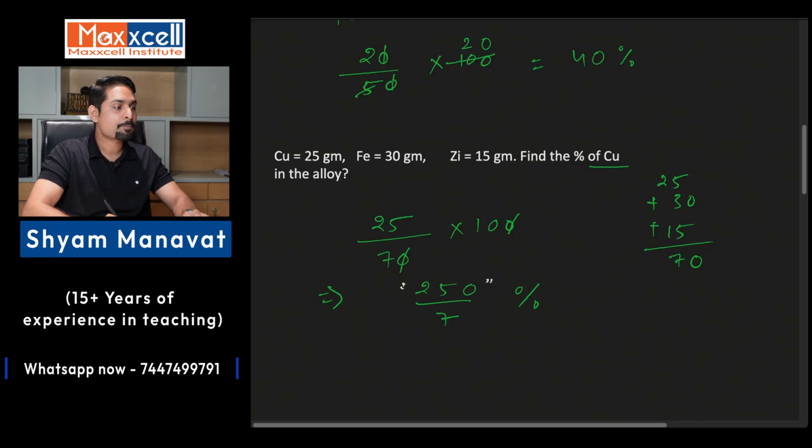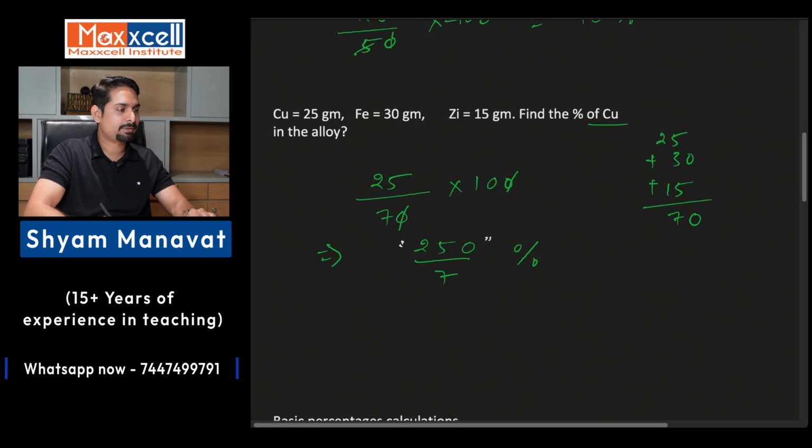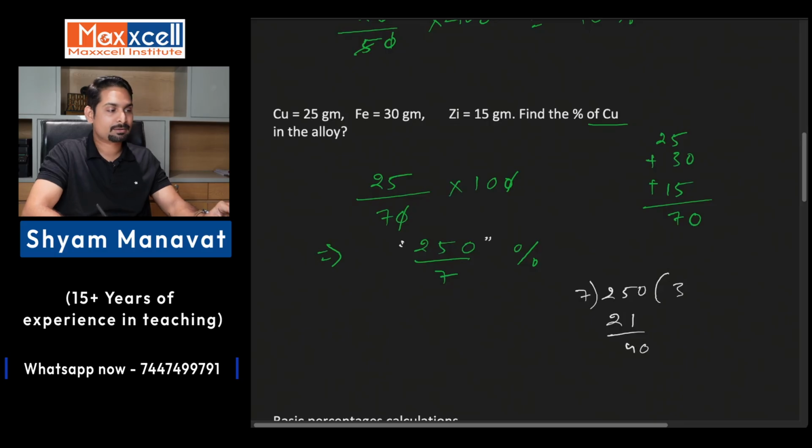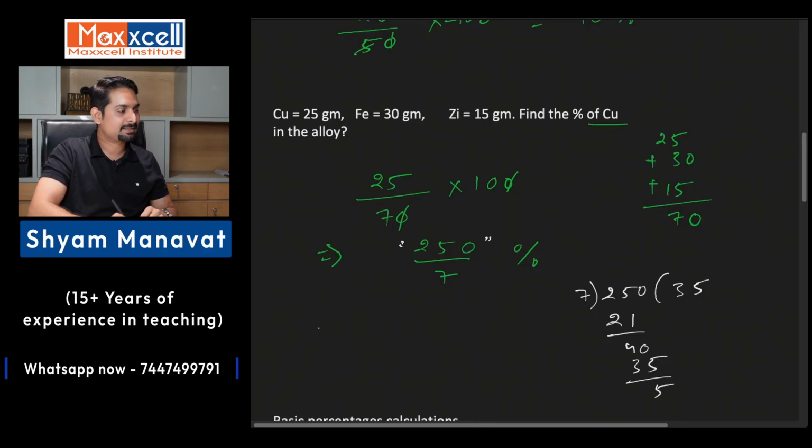So this is 250 by 7, so we need to divide 250 by 7. 7 3s are 21, I have 4 here, and then 0, then 7 5s are 35. How much do you get here? 5, correct? So this is 35, which is the quotient.